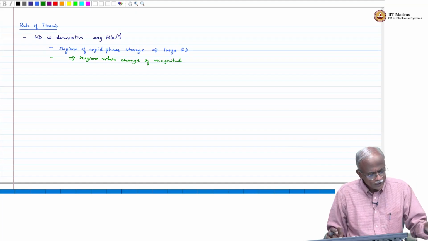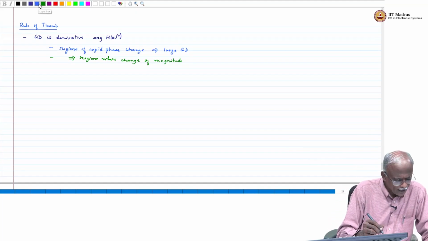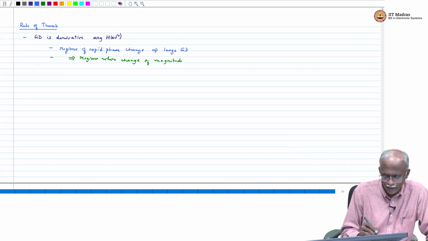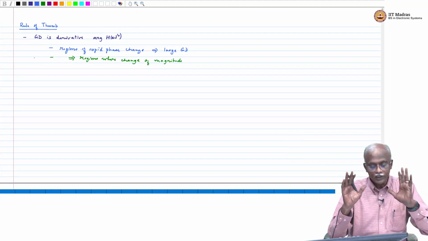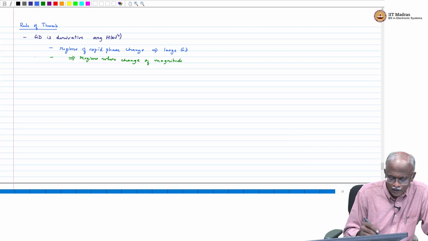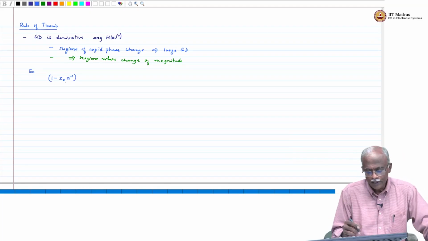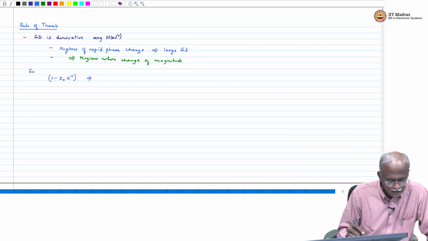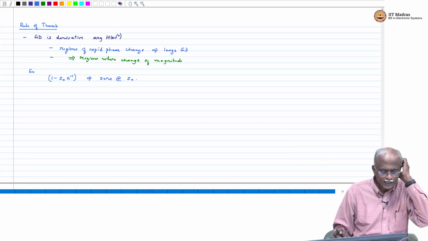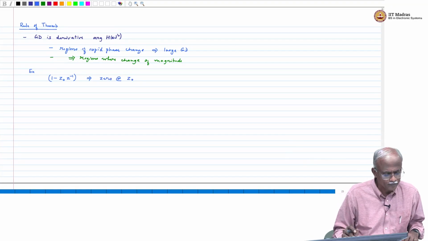Okay, so here is a good example for us to look at and understand intuitively what the impact of group delay is. So the first example that we're going to be looking at is 1 minus z₀ z⁻¹. This is a transfer function which basically says that there is a 0 at a location which is designated as z₀.